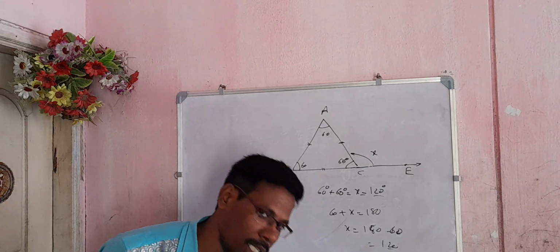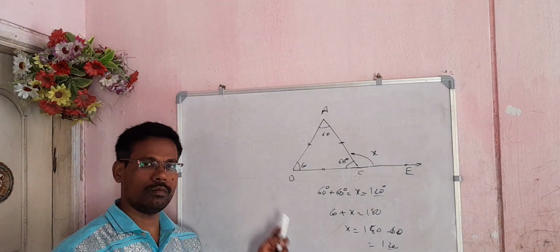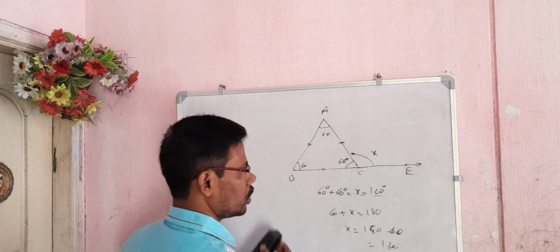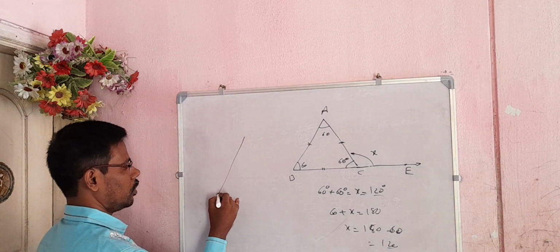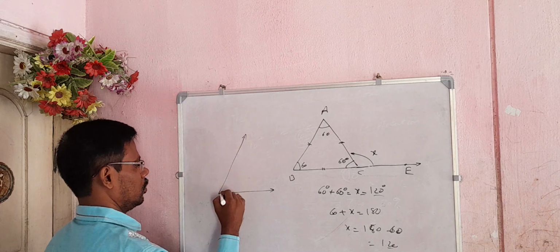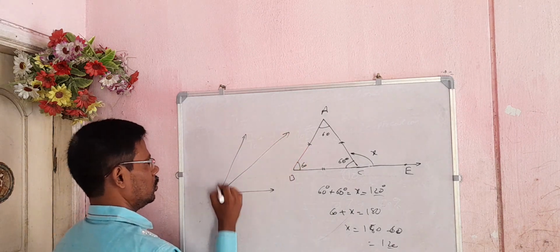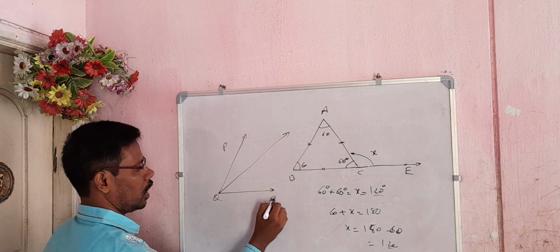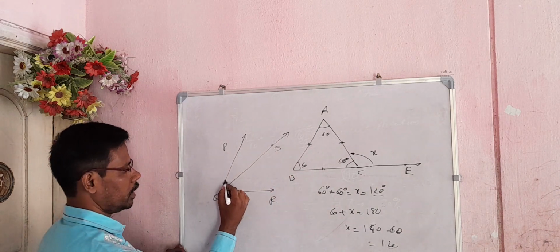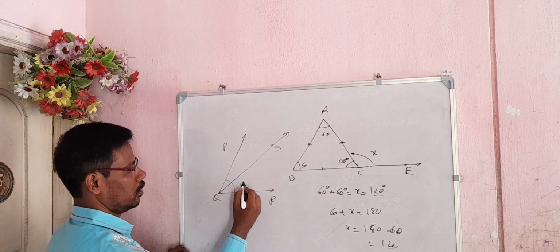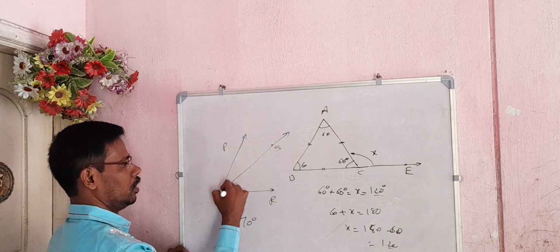So next, bisector. Bisector means what? Some more things you should know. Bisector means dividing an angle into two equal parts. Suppose here PQR, I say QS is the bisector and the angle here is 70 degrees.